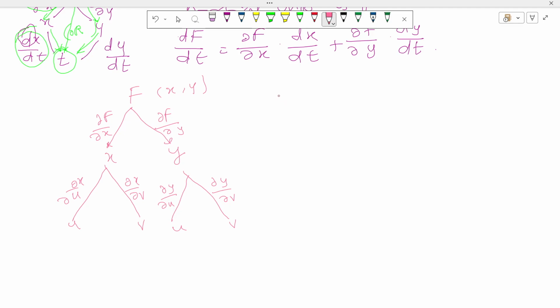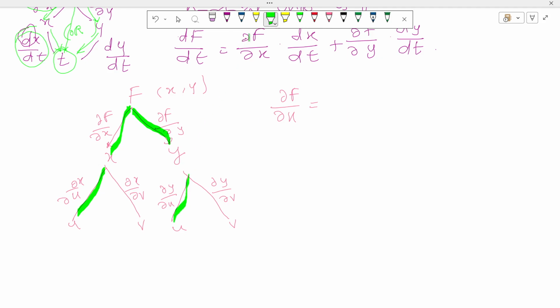So I want to find dou f by dou u. Dou f by dou x means directly we can get. But what about the next step? In case you want to come to that next step, then you have to take this one and come to u here, and then this one come to u here.